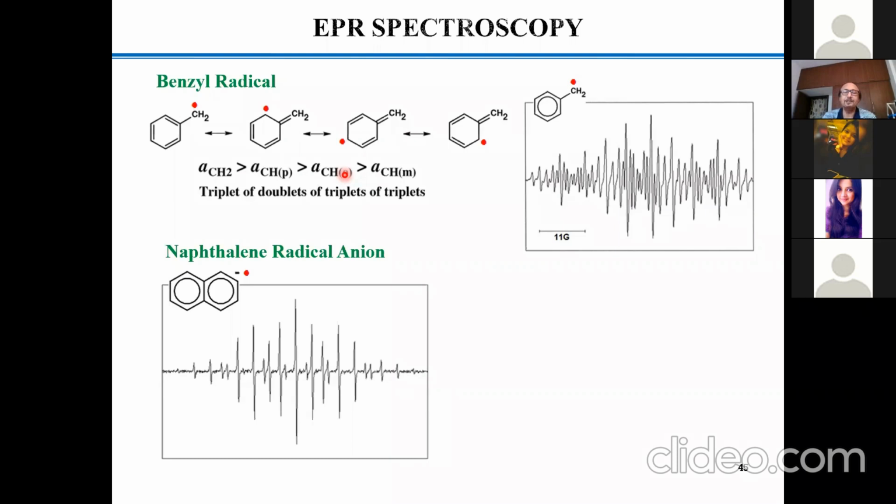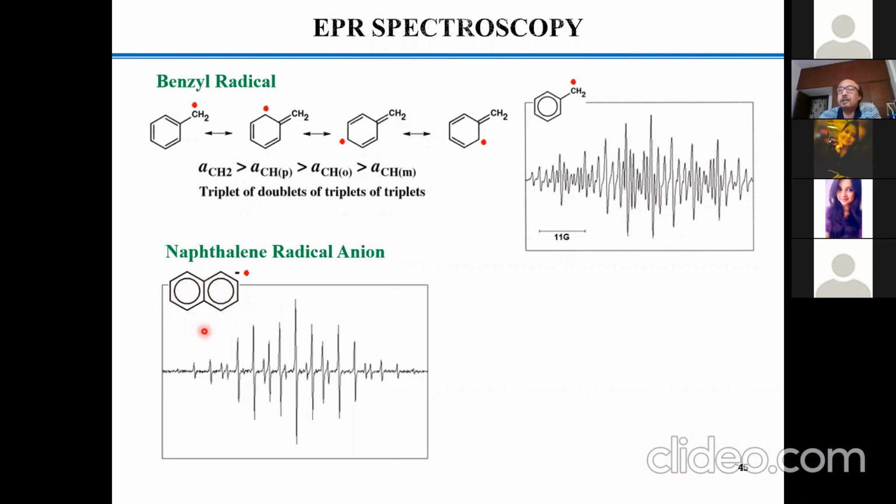Now let us look at another molecule. Here you can have two types of answers. Again, it's a naphthyl radical. Now, if you consider the naphthyl radical, one could imagine, in terms of anticipation, that this unpaired electron may be delocalized over the two rings.